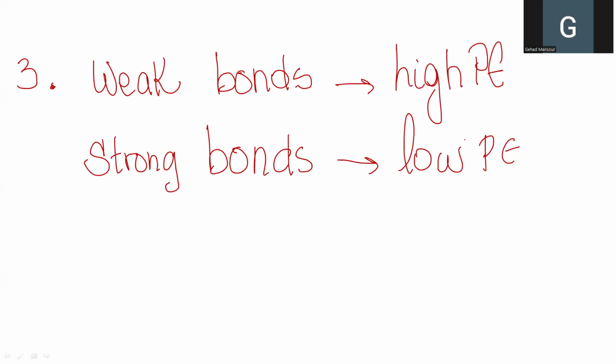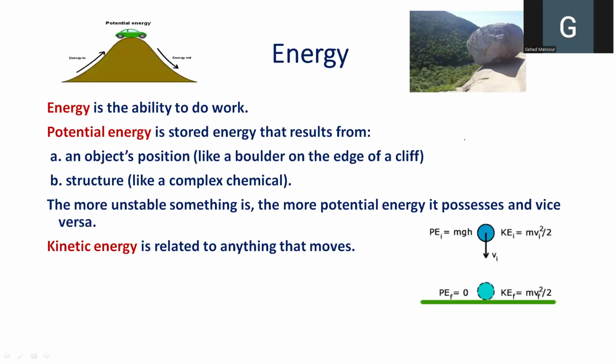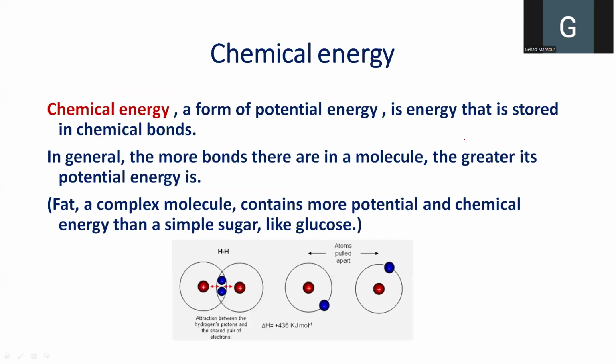Now let's move on to the next concept, which is chemical energy. Chemical energy is one form of potential energy because it is the energy stored in the bonds due to the formation of the chemical bonds.